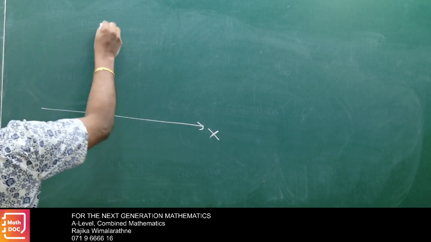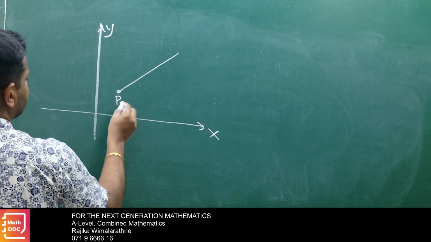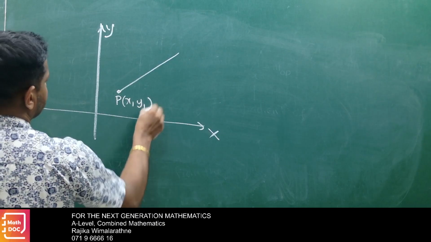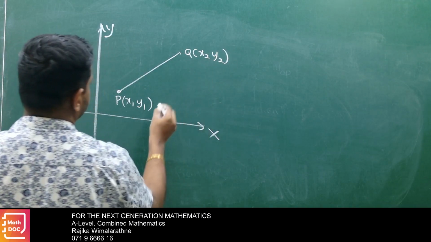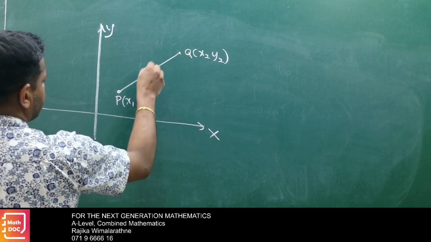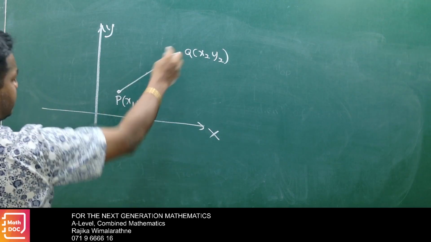In the previous one we had one coordinate, no? Now we have 2 coordinates. Take the x-axis and y-axis. Take point P (x1, y1) and point Q (x2, y2). Here I'm going to deal with the PQ length.